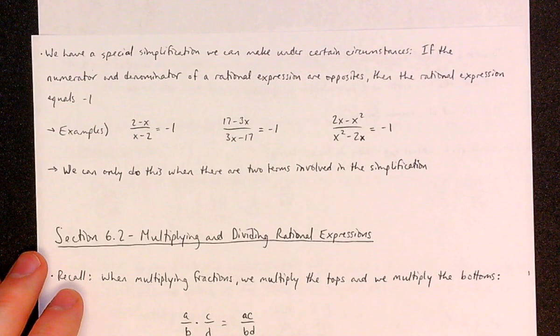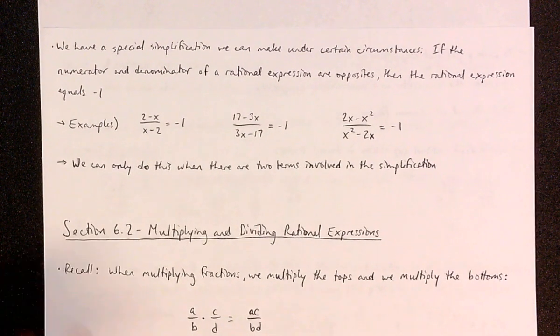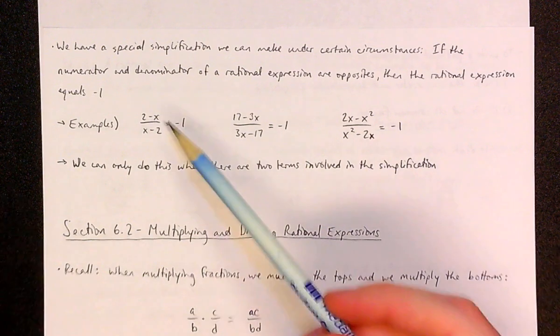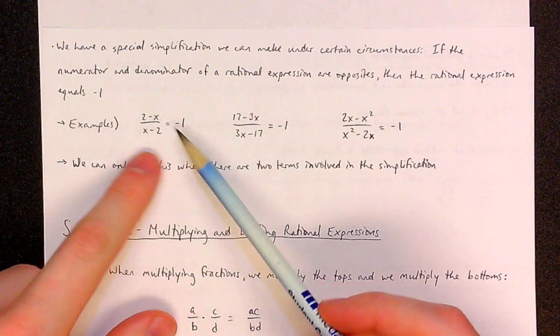Last thing I want to touch on in this video before we end it here, we have a special simplification that we can make under certain circumstances. If the numerator and the denominator of a rational expression are opposites, then the rational expression equals -1. And when I say opposites, I mean that the terms are just switched in their place.